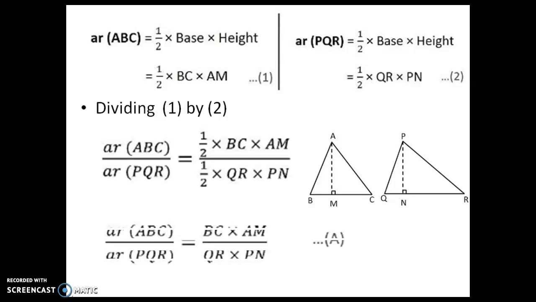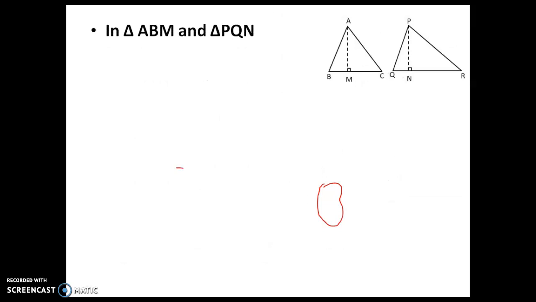So we divided, then after dividing, half will get cancelled. So leftover BC into AM by QR into PN is the first equation. Okay. Then after that we took the first half triangle alone because we want AM. So we took that.